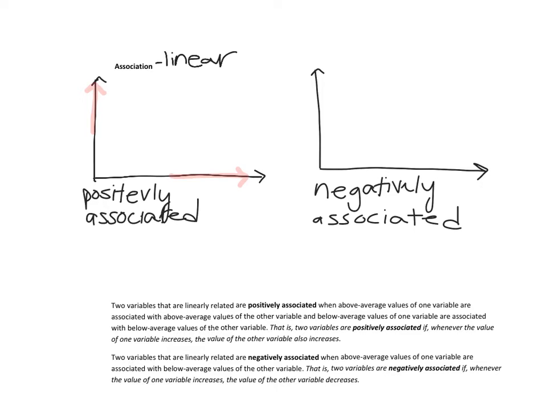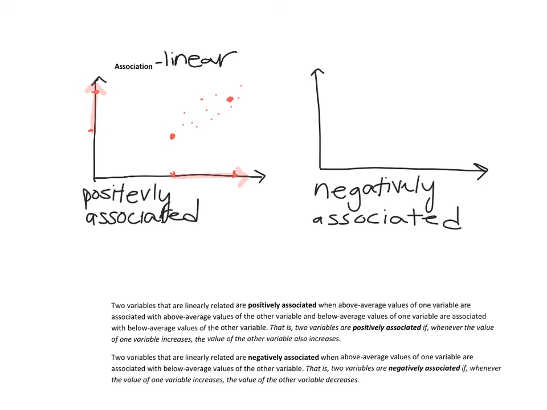So you're going to see, if this is a value of your explanatory, this could be a value of your response. And then as it increases, the response variable also increases. So you're going to get values in here.